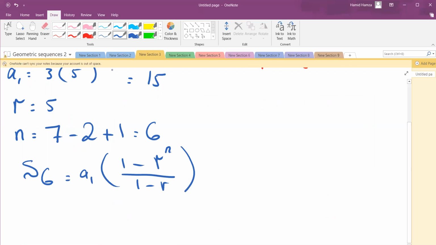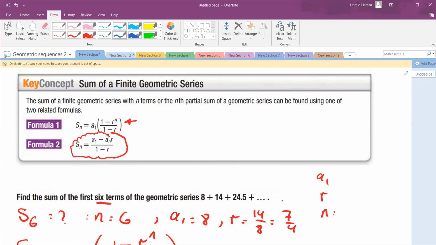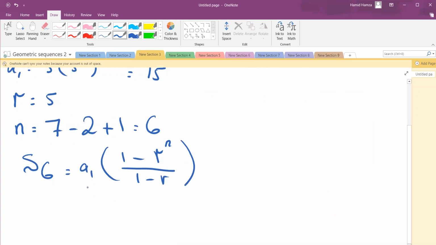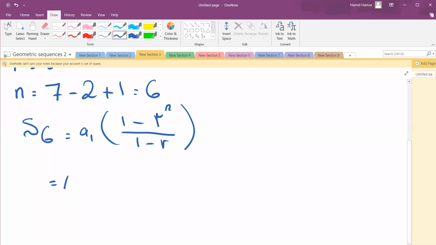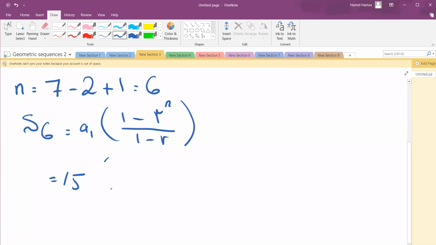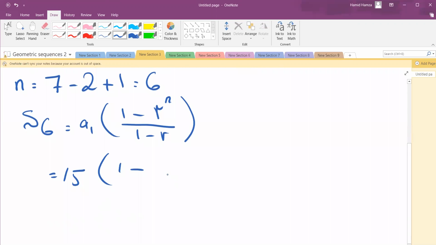We'll substitute: A1 of the series, not sequence, is 15, times 1 minus r, where r is 5, so 5 raised to power 6, over 1 minus 5.